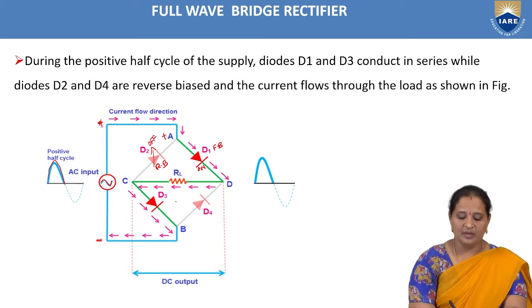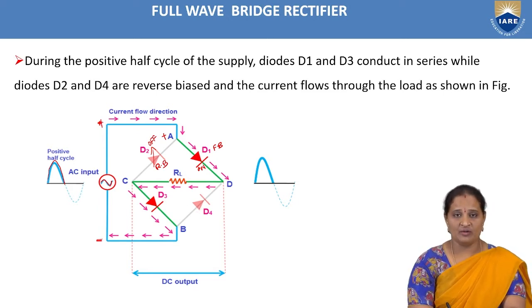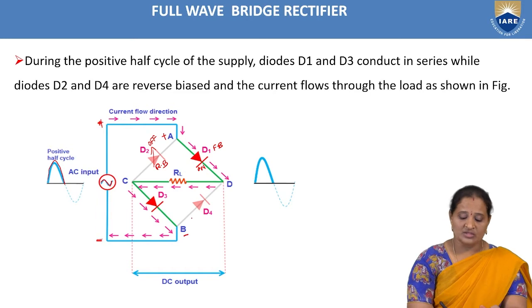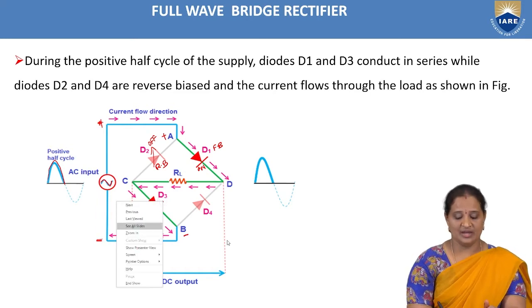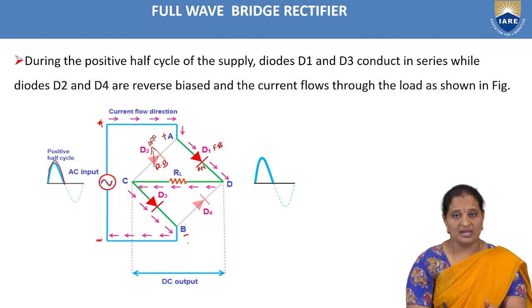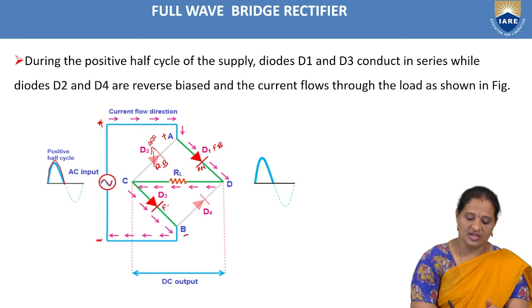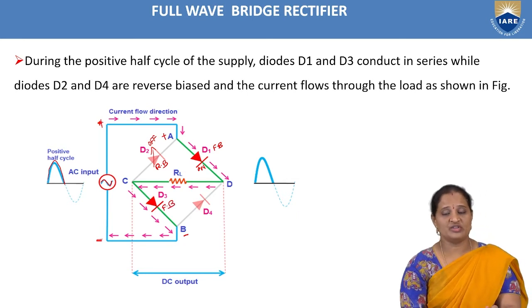Now coming to the lower diodes D3 and D4. The point B is at negative potential during the positive half cycle of input supply. As the cathode of diode D3 is connected to point B, which is at more negative potential, this makes the diode D3 forward biased.